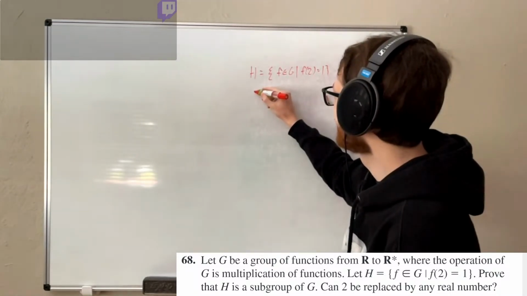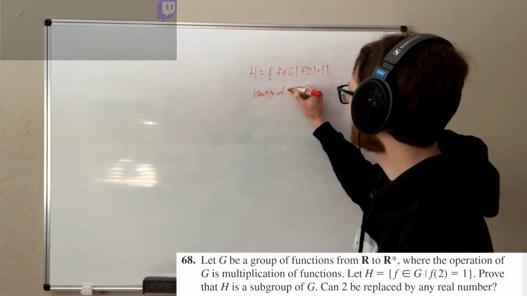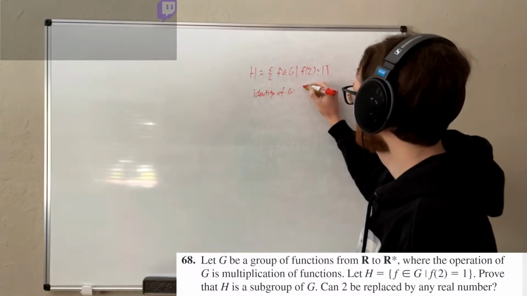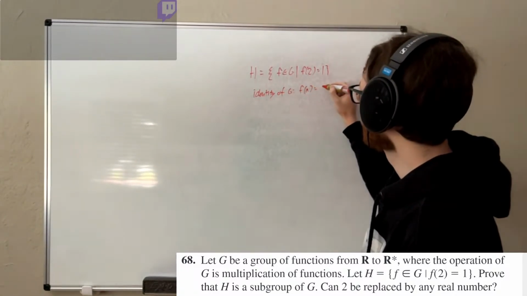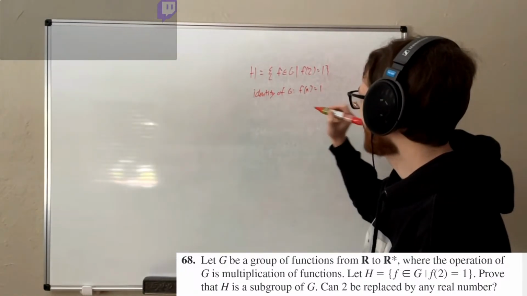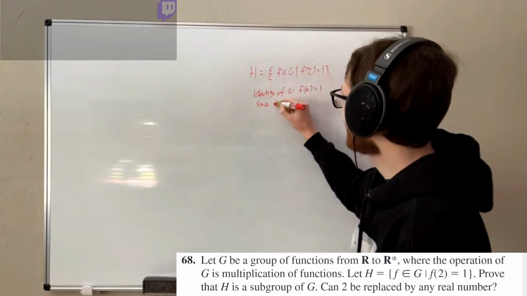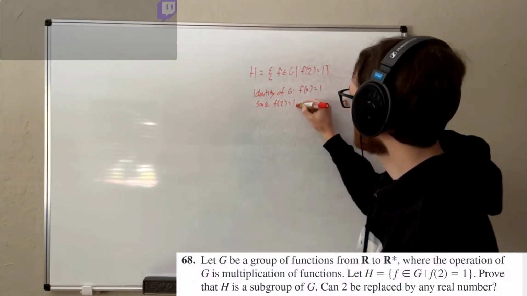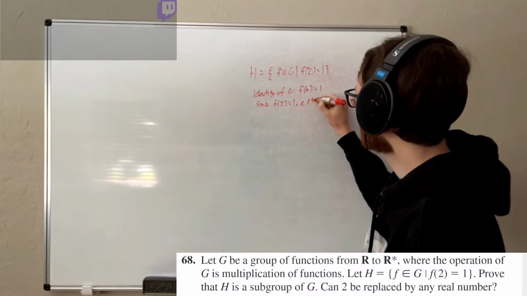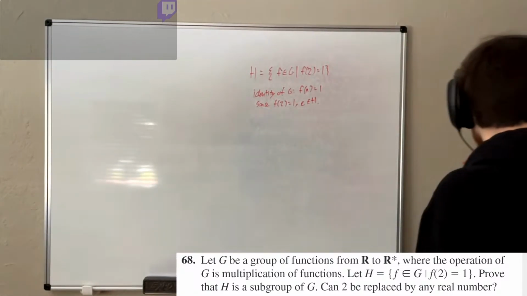So the identity of G is f of x equals 1, because you're multiplying by 1. Since f of 2 equals 1, the identity belongs to H as well. So H is non-empty.